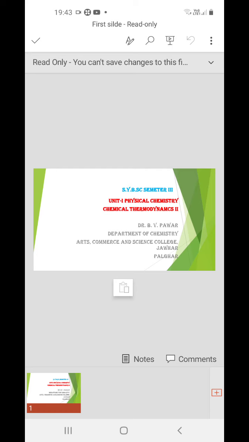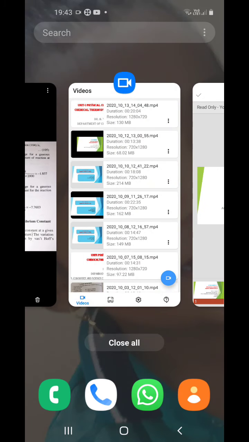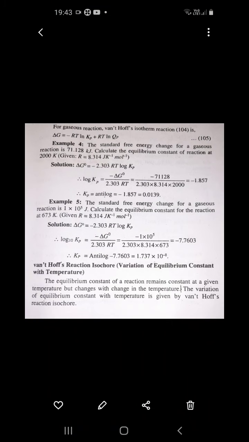In continuation of our topic chemical thermodynamics, we studied in yesterday's video lecture the van't Hoff reaction isotherm. For gaseous systems we saw the van't Hoff reaction isotherm, that is delta G is equal to minus RT ln Kp plus RT ln Qp.